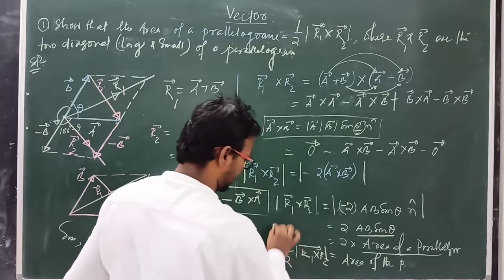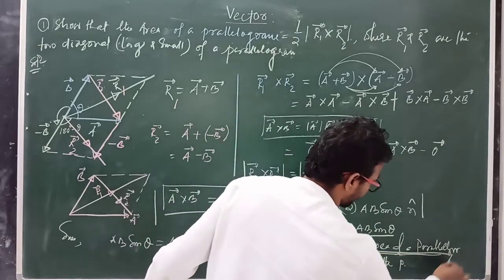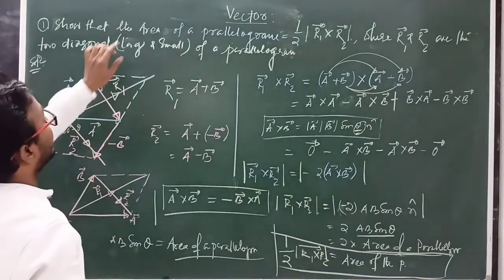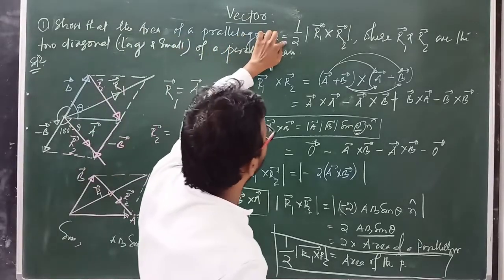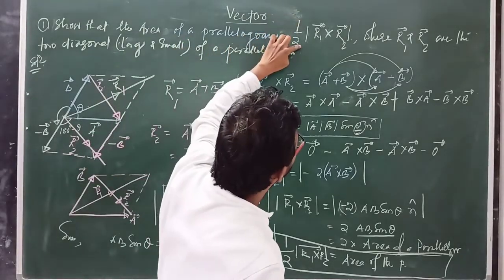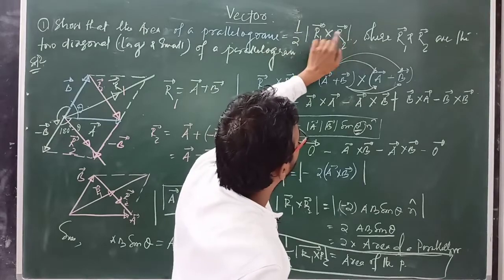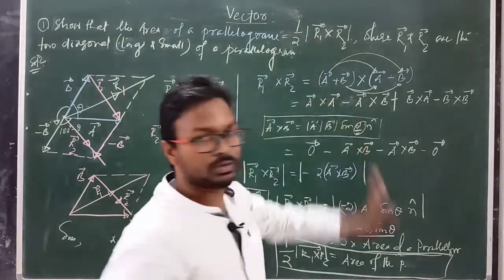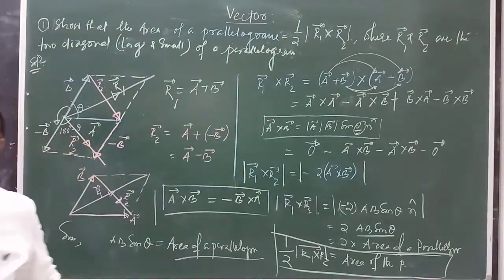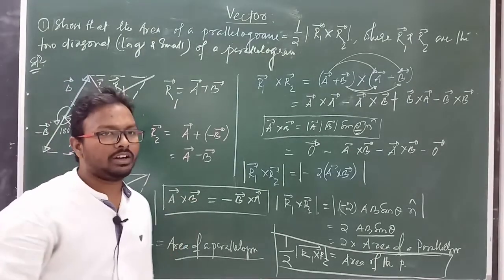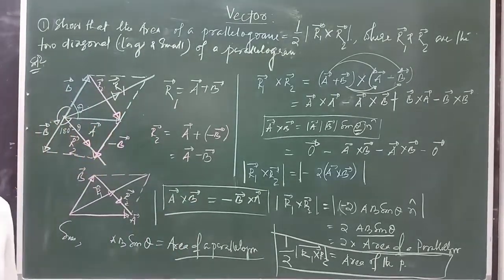Clear? So this is the proof. We get the area of the parallelogram, which equals half of the magnitude of the cross product of R1 and R2, where R1 and R2 are the two diagonals of a parallelogram. Clear?